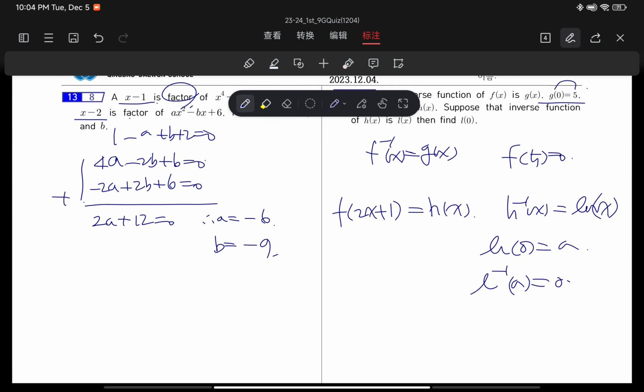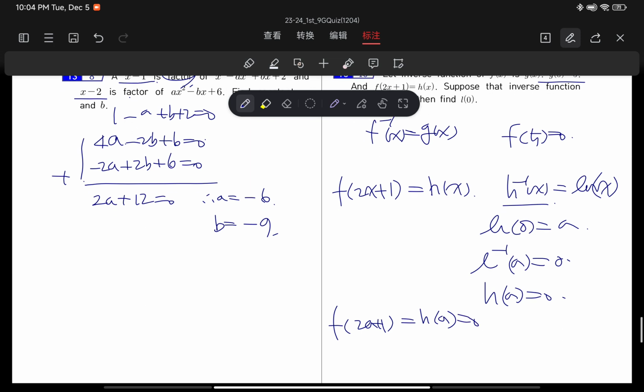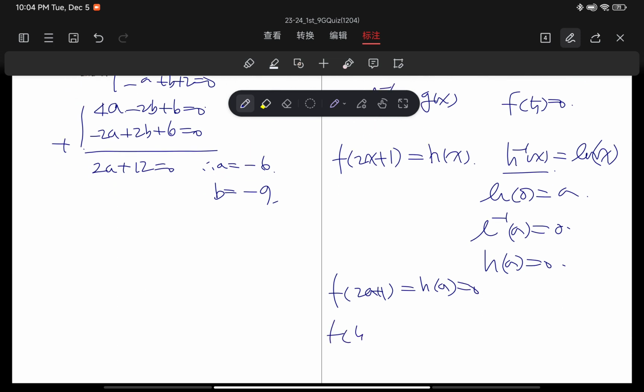So that is l inverse means h(x). So h(a) equal to 0. Sorry. So put into a, f(2a plus 1) equal to h(a) equal to 0, and f(5) equal to 0.